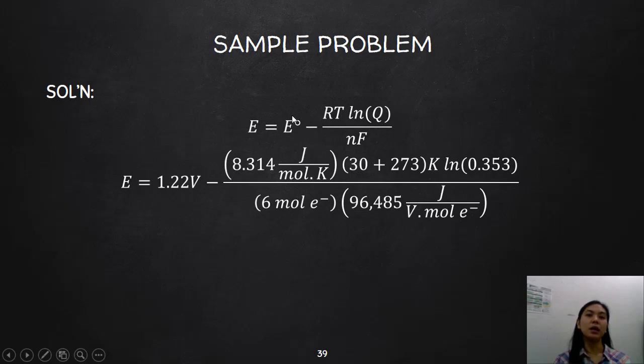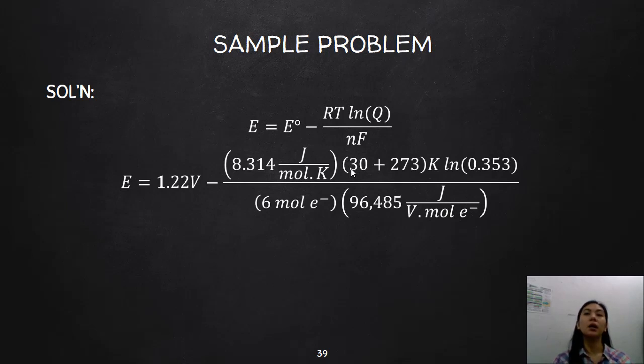Diba? Standard cell potential is 1.22 volts. And then your R, sinabi natin kanina na it's actually a universal gas constant. And when we are talking about energy, we will be using this value, 8.314 joules per mole Kelvin. And of course, your temperature, diba? It was given as 30 degrees Celsius.